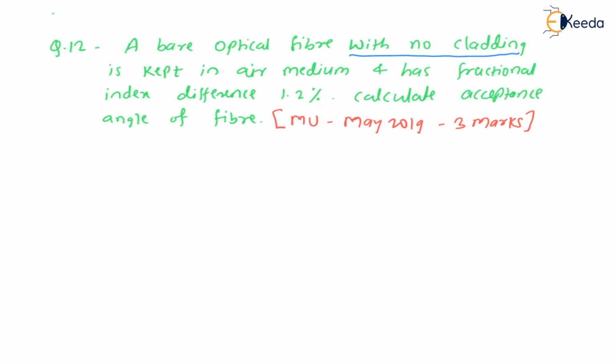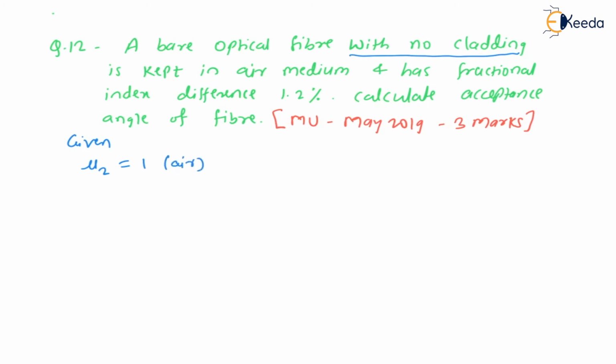So here we can say the refractive index of cladding is that of air medium. First of all, I'll write mu2, the refractive index of cladding, as 1, because the refractive index for air is 1. So here I'll mention air.